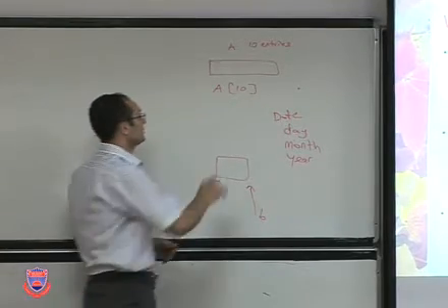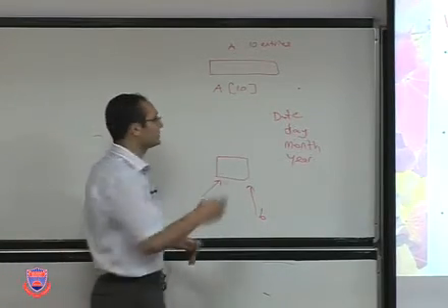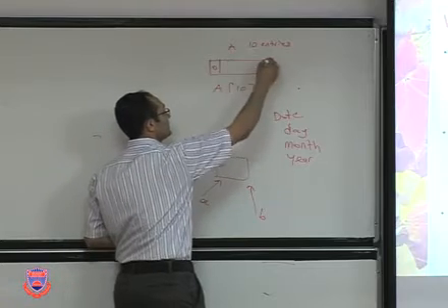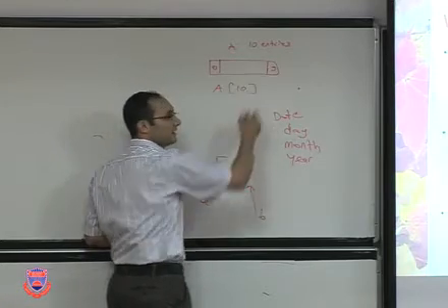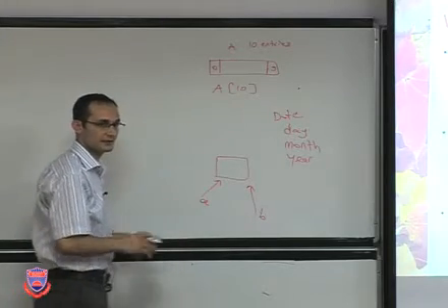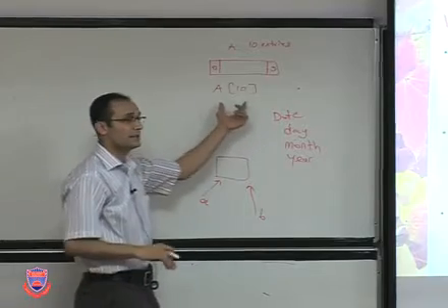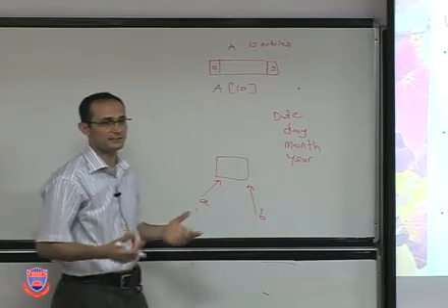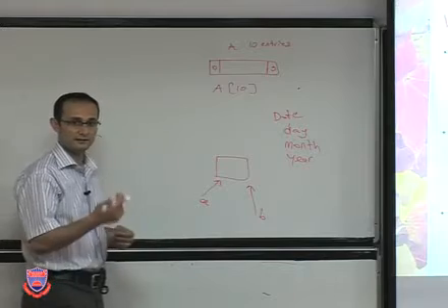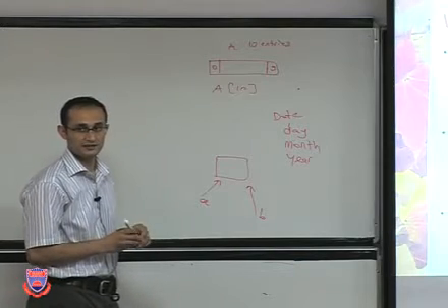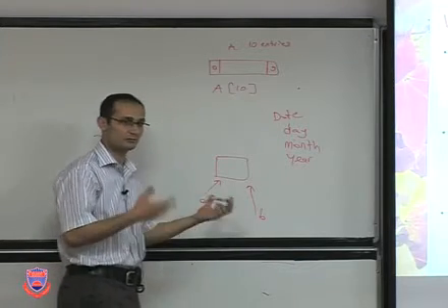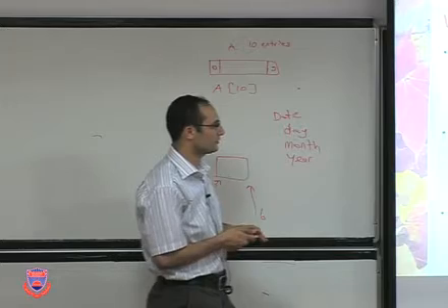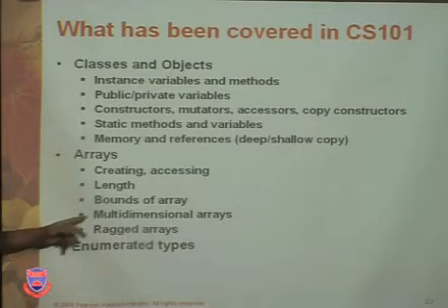Since it is 10 entries inside, you will start with entry 0 and then you go all the way to the 9th one, so that it makes 10 elements in total whenever you create it. If you try to access the A10 entry which does not exist, you will face an index out of bounds exception, an error which is going to create a problem. So you have to be careful with the bounds of an array.